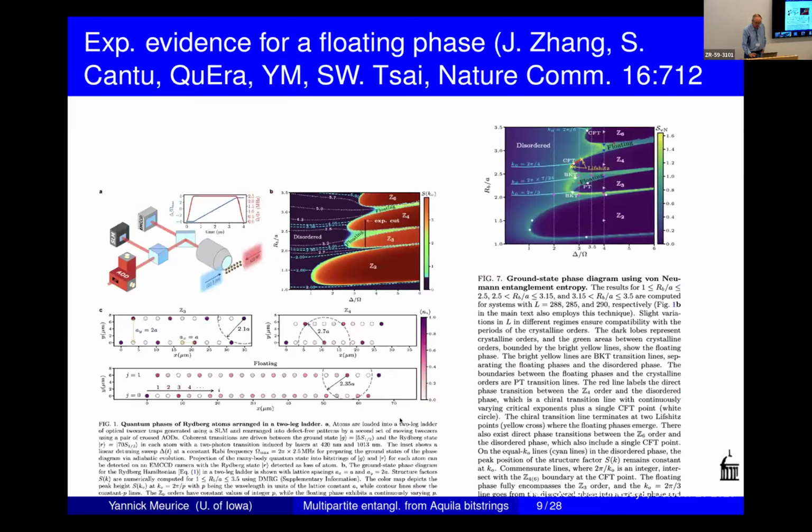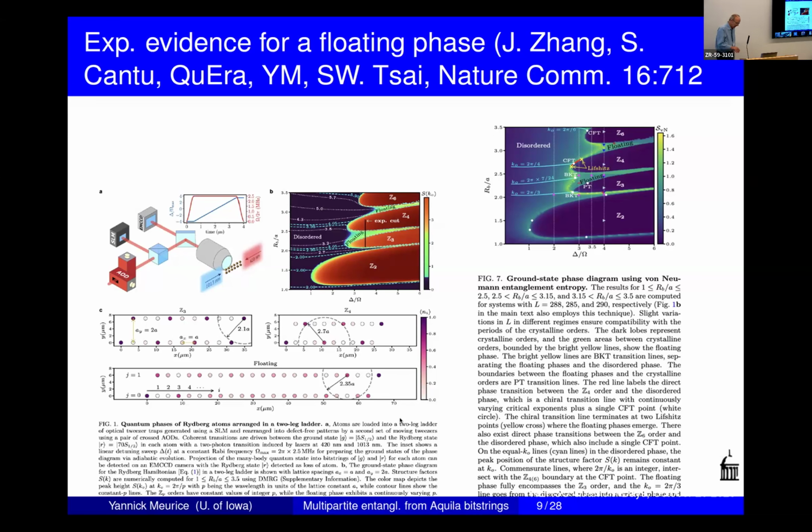This is the phase diagram for the entanglement entropy, for the ladder with an aspect ratio of 2, so the rungs are twice longer than the lattice spacing. This is from the wave function, and this is from the bit strings, extracted from just the correlation in the bit string. And you see that they are very similar.